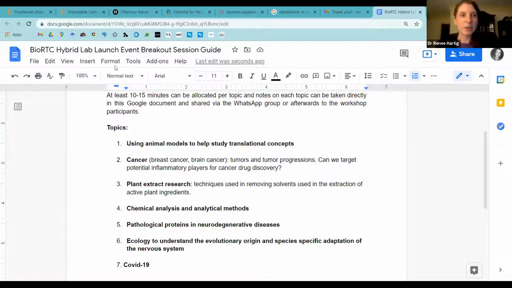Okay, excellent. We have about a third of participants raising their hand. That's a fair amount of interest. Everybody lower your hands down. Now, one of the topics that was hot on the list yesterday was cancer. We discussed the prevalence of breast cancer, brain cancer, tumors, tumor progressions, and cancer drug discovery.